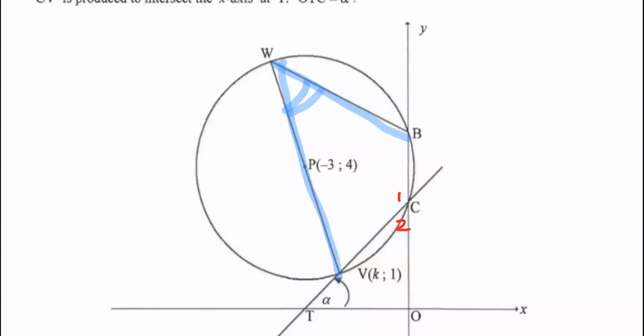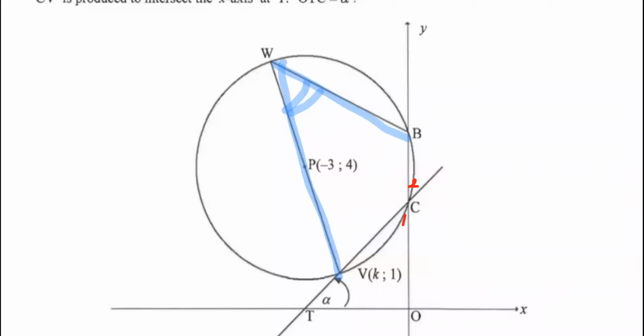Not that side, sir, the outside one. Okay, they're vertically opposite one another. C1 and like that. Yes. Okay, fine. Are they vertically opposite one another? They are, yeah. Now, can I say like C2 is equal to W?